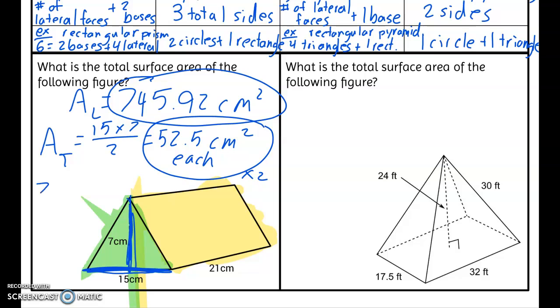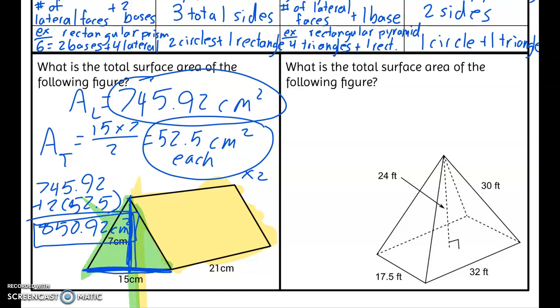So I'm going to take 745.92 plus 2 times 52.5, and that's going to give me 850.92 centimeters squared. And this right here is my total surface area for this triangular prism. So now let's go ahead and go on to the next shape.